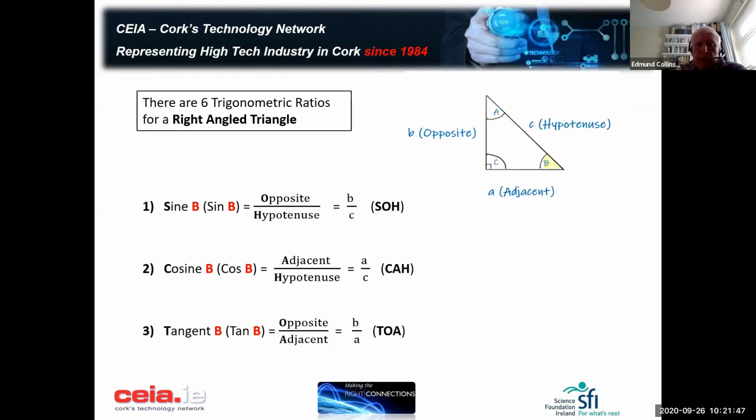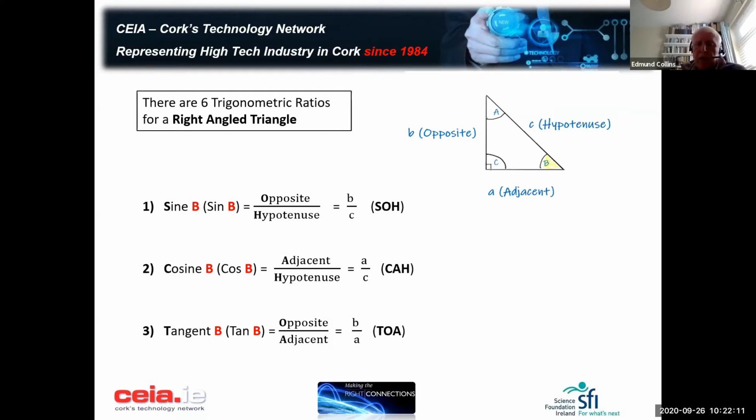If we add those two together, we have a squared plus b squared over c squared. Now we know from the theorem of Pythagoras that a squared plus b squared equals c squared. So then we end up with c squared over c squared, which is 1.